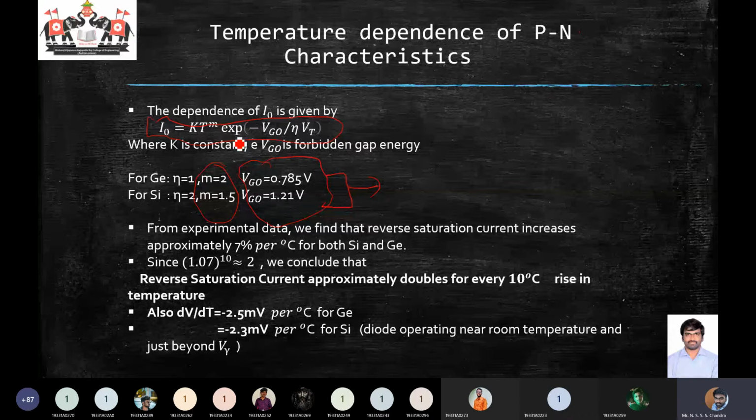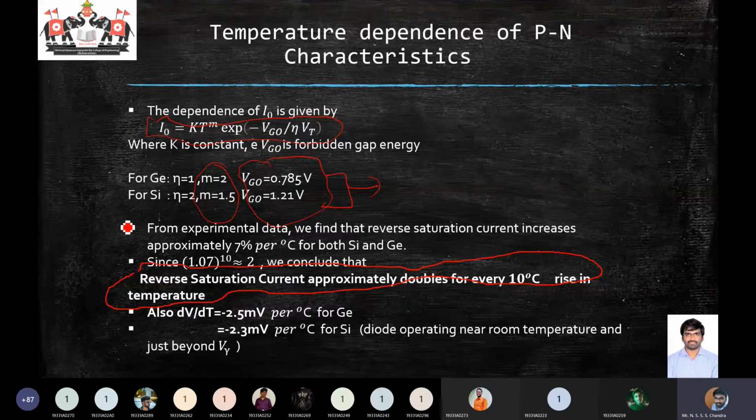This sentence is also very much important, because in most numerical problems, instead of quoting the reverse saturation current I naught at a given temperature, the question will mention I naught at a different temperature. So based upon the relationship, you might be asked to do the problem.